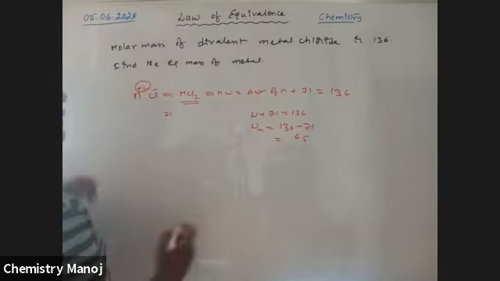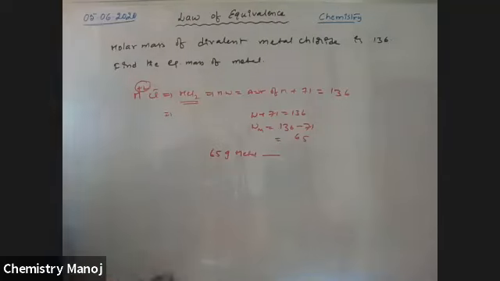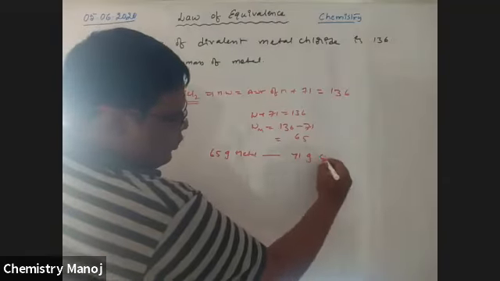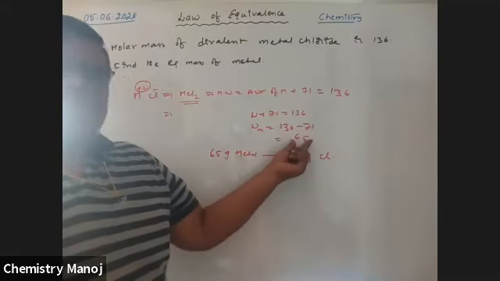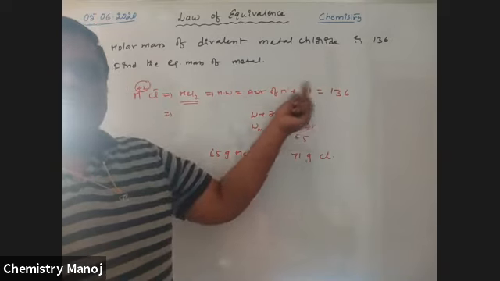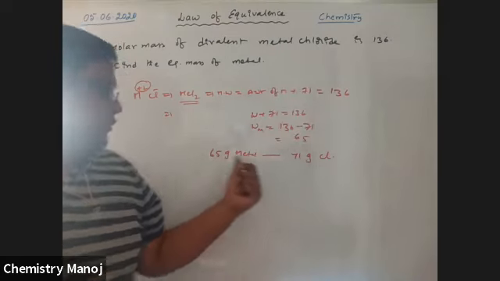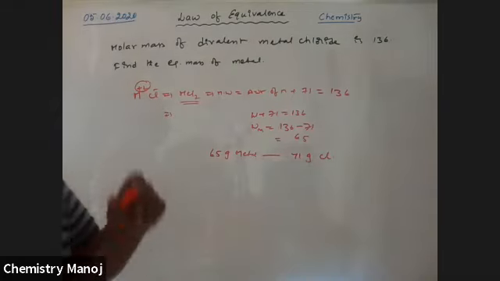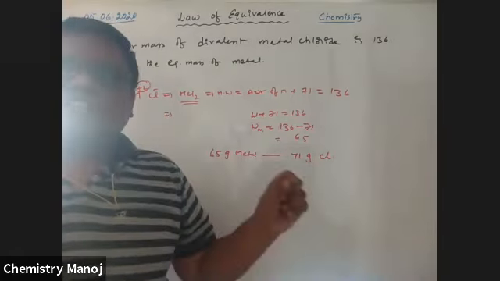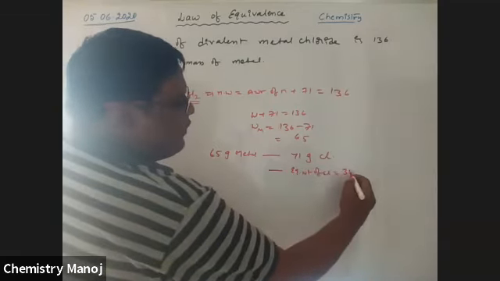Therefore, 65 grams of metal reacts with 71 grams of chlorine. If any chemicals are going to react, their gram equivalent weights are the same. Equivalent weight of chlorine is 35.5.